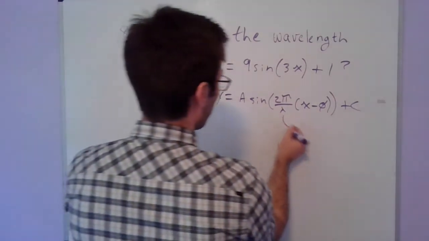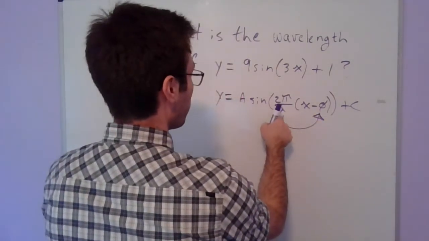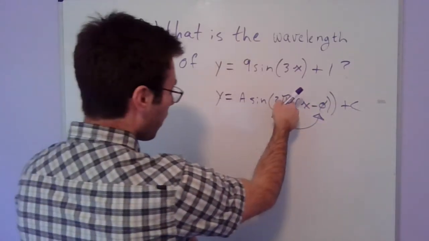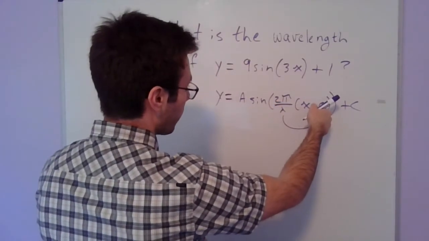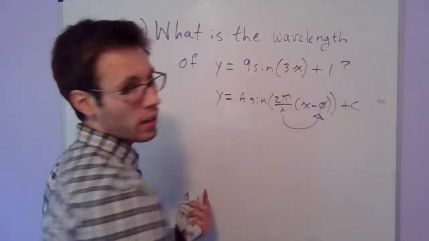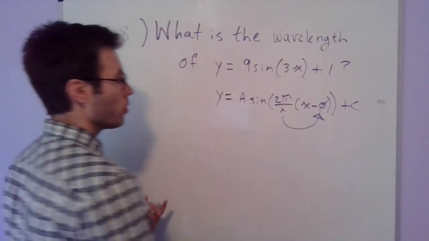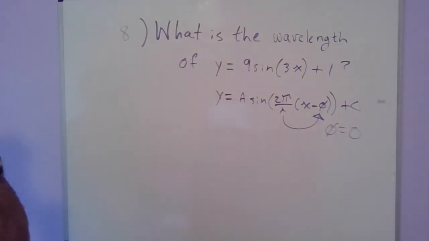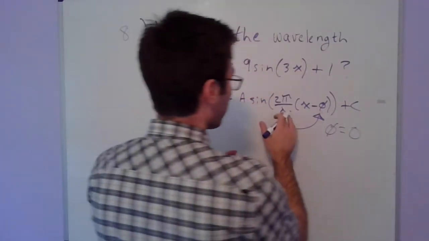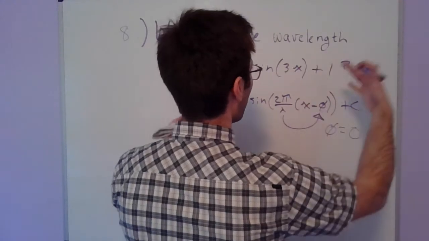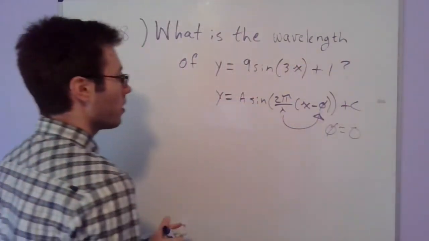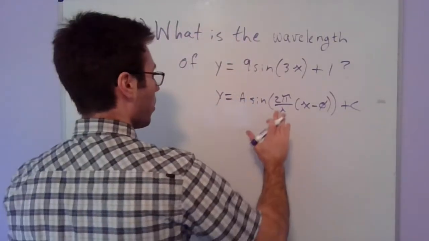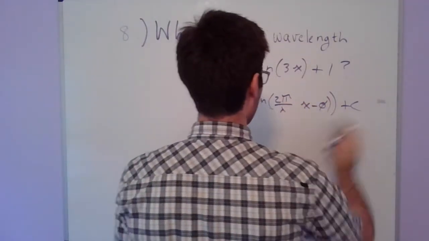But what you will notice is that if I distribute this 2 pi over lambda to phi, so I get 2 pi over lambda times phi, you have some number left over. So really, phi here is equal to 0, which means we can ignore it because there's no other term over here. Since our phase angle is 0, we can ignore it here.